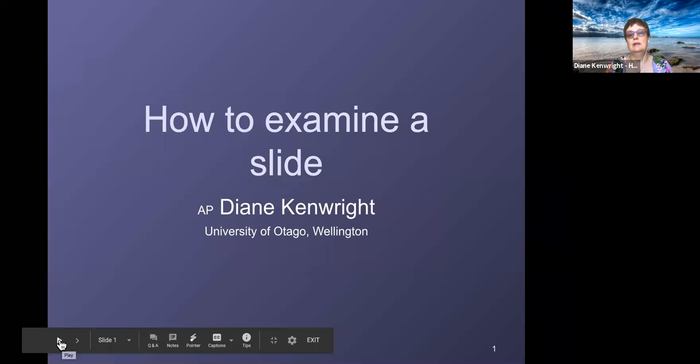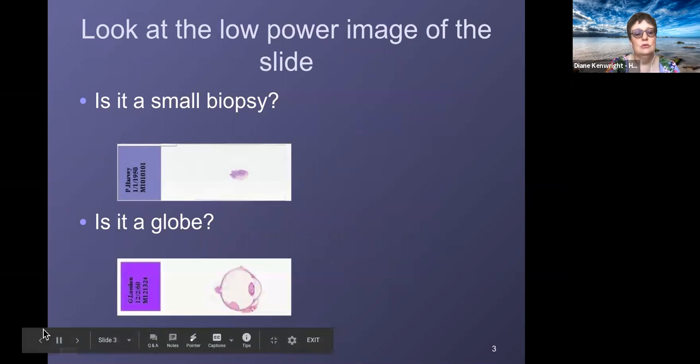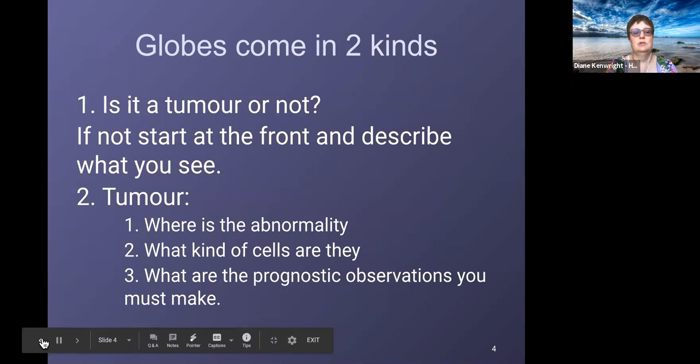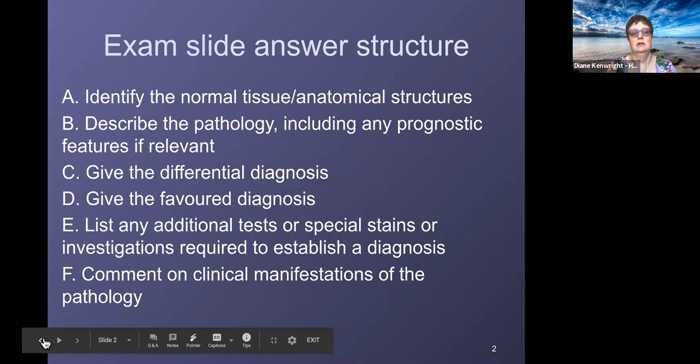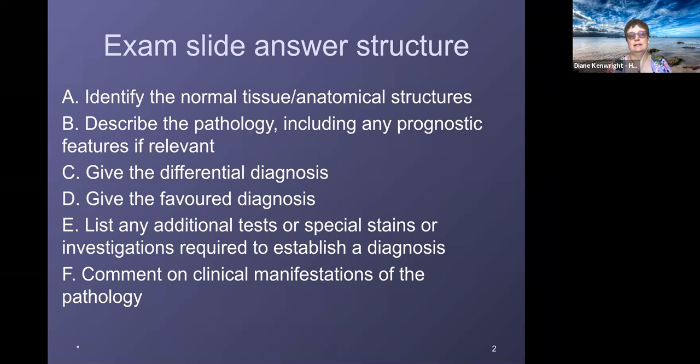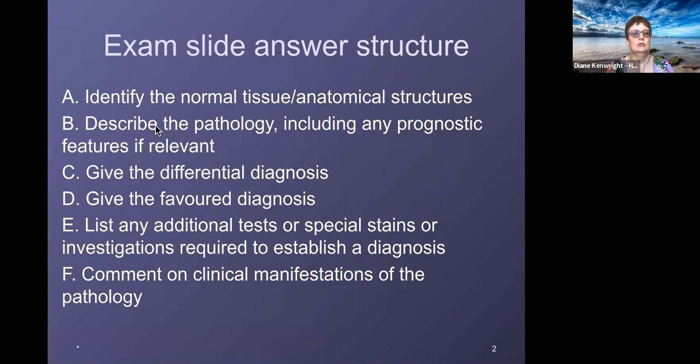Okay, so how to examine a slide. The first thing that we need to do is, oh, I think we're just flicking through these the wrong way. Here we go. The first thing that we need to do is realize that every time the college asks an exam question, they are going to ask it in this format for the slides, where we have to identify the normal tissue and then this section here, describe the pathology.